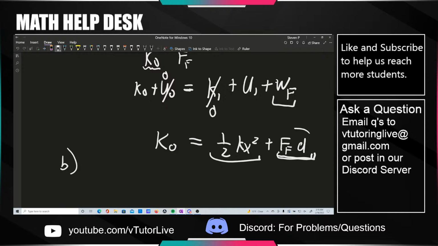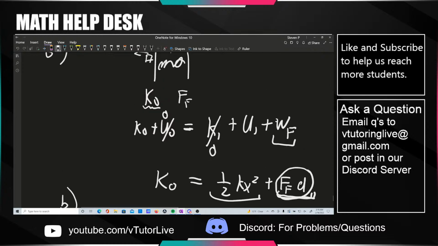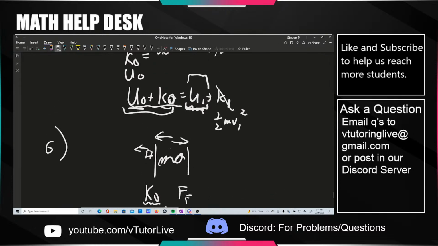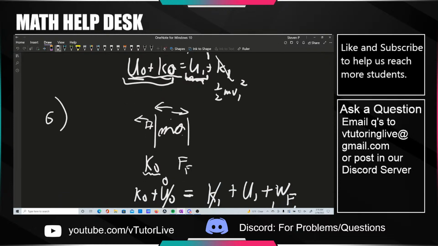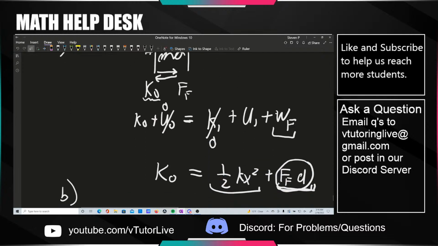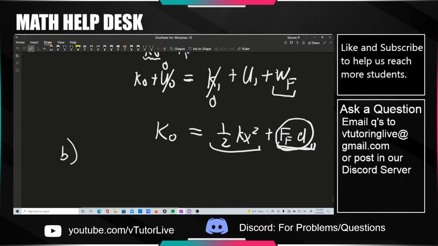In fact, whatever the work lost to friction is here, it's going to be doubled because it gets to the most compressed point, and friction stole some energy on the way there, but on the way back, it's going to be equal and opposite, I think. We're more or less approximating friction as a constant force that just acts opposite of the motion.